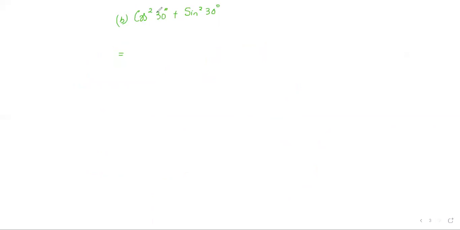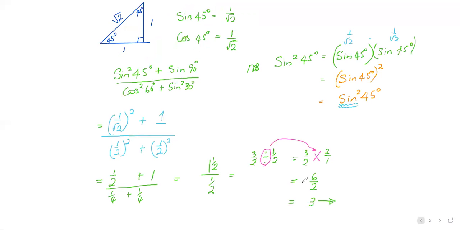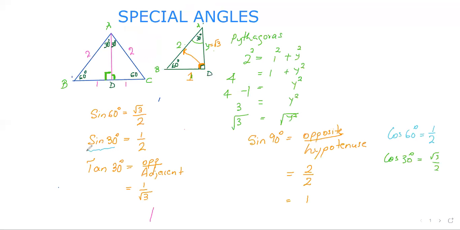Then you can go to our page. The cos of 30, we said that is √3/2 squared plus the sine of 30 is a half squared. Can go back to our initial phase.